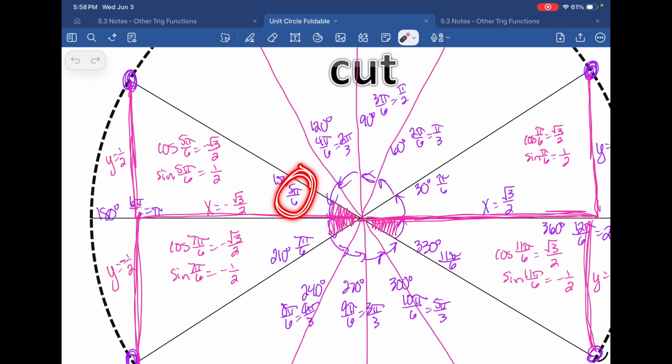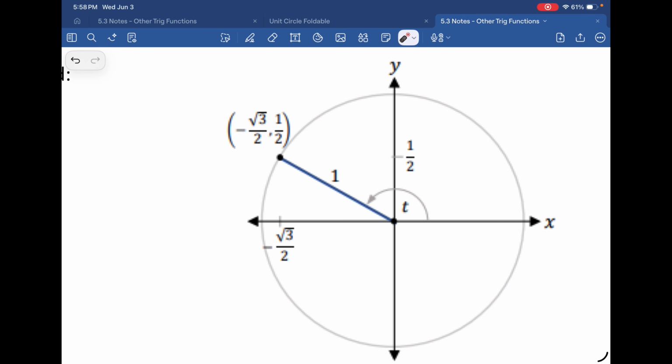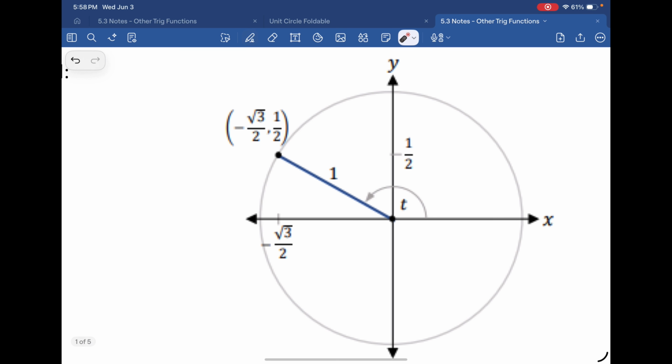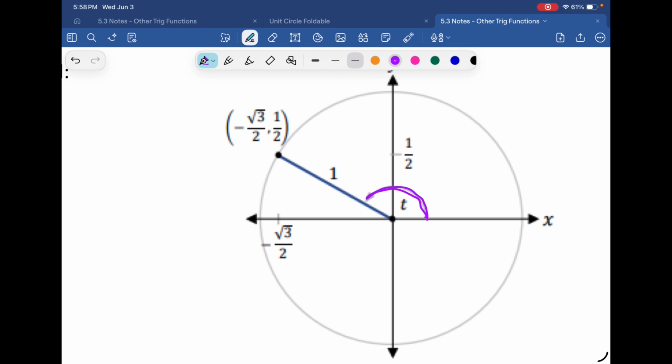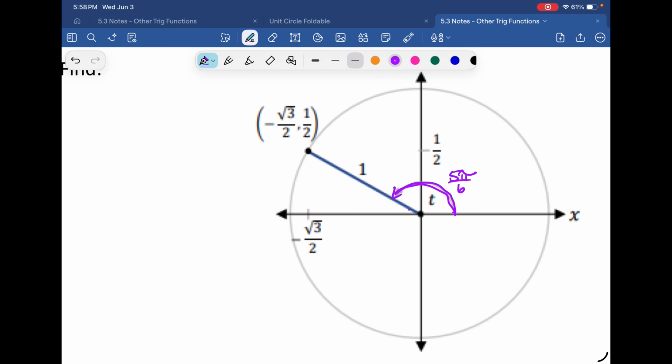My angle there is 5 pi over 6. Okay, so that makes my reference angle pi over 6.